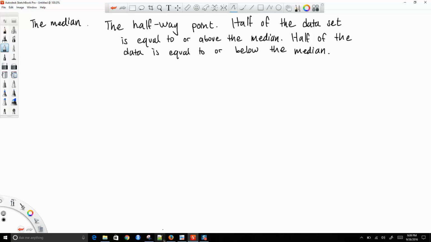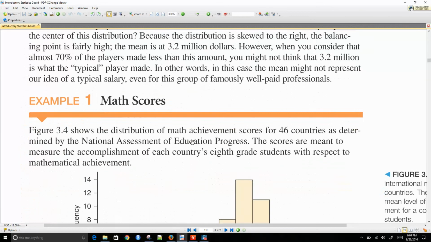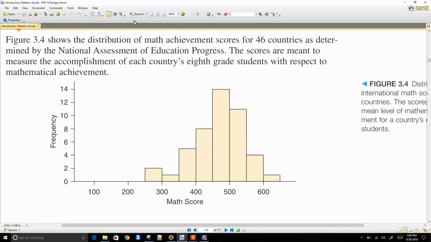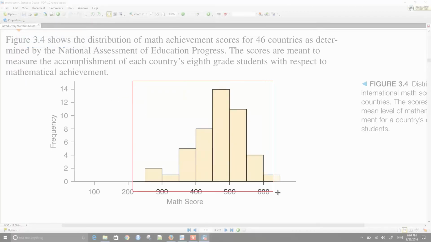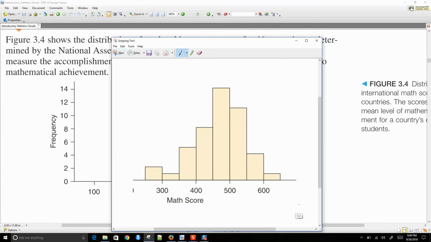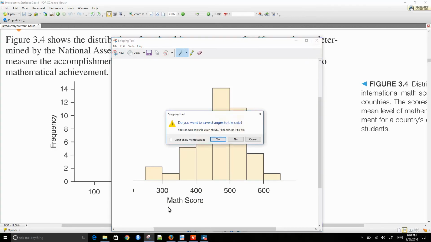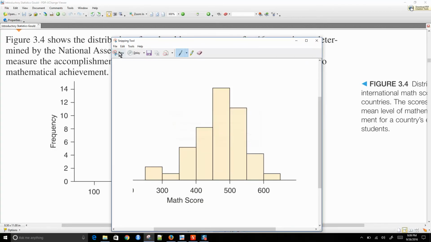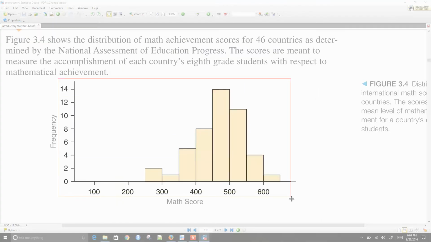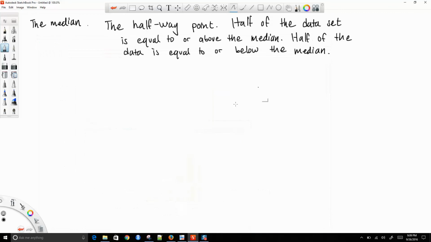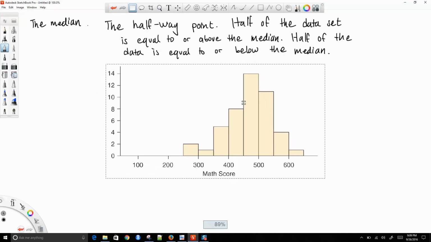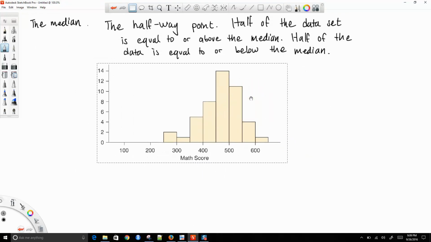If we were to draw a histogram, you can think of it this way.